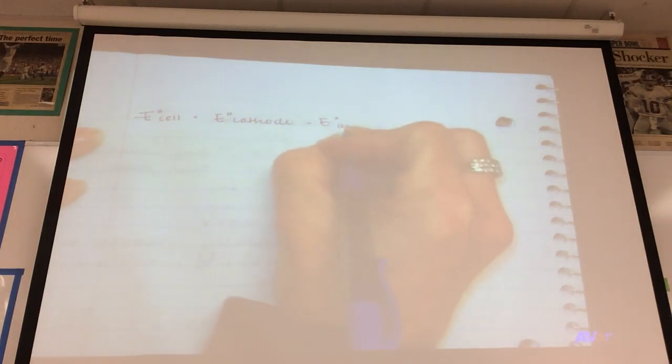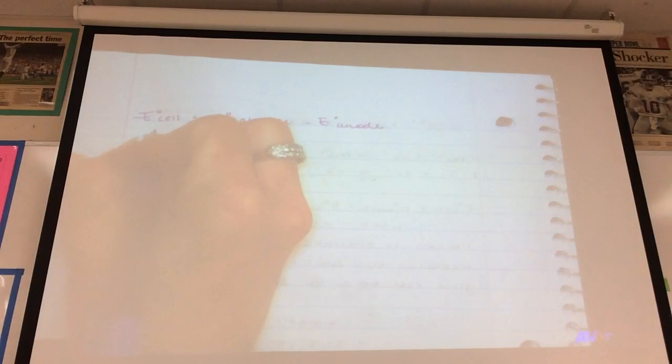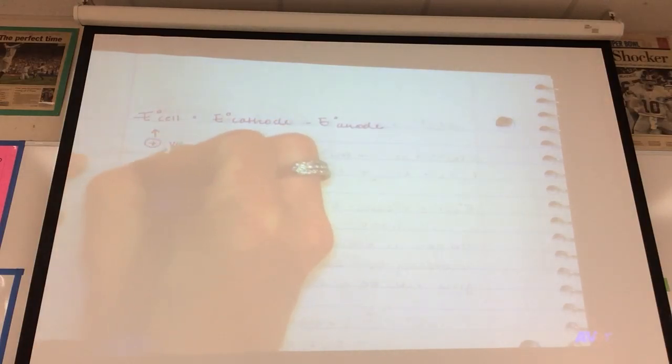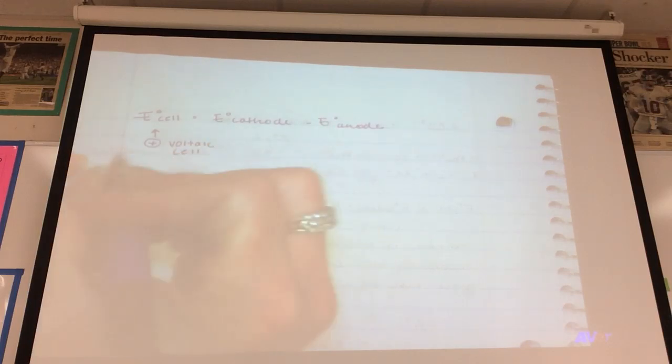And again, some of your review books will do it differently. Do whatever you want. Just make sure you're doing it correctly. If you don't want to change signs, this is the easiest way to go. We had said for a voltaic cell that E cell must be positive. Voltaic and galvanic would be synonymous terms.